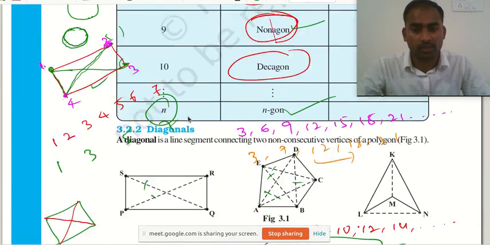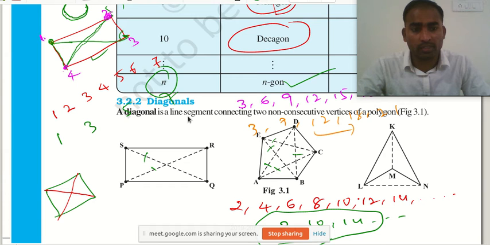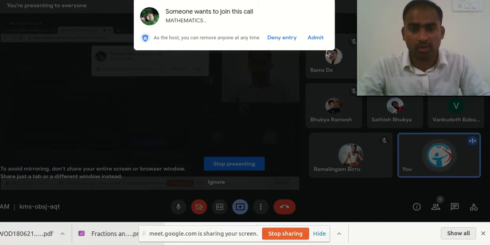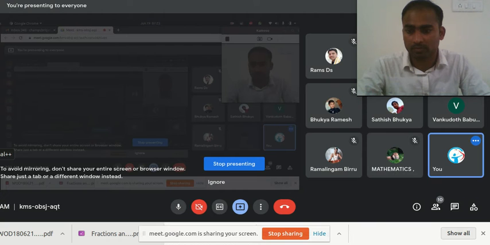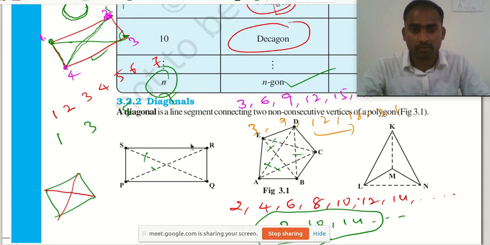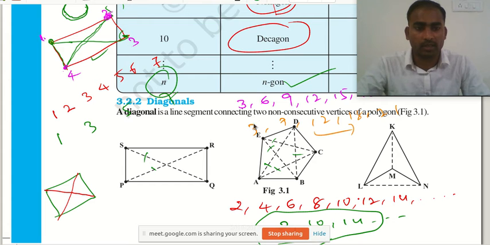We discussed that, and after that we discussed diagonals. A diagonal is nothing but the line segment which connects two non-consecutive vertices. For square and rectangle we have 2 diagonals.